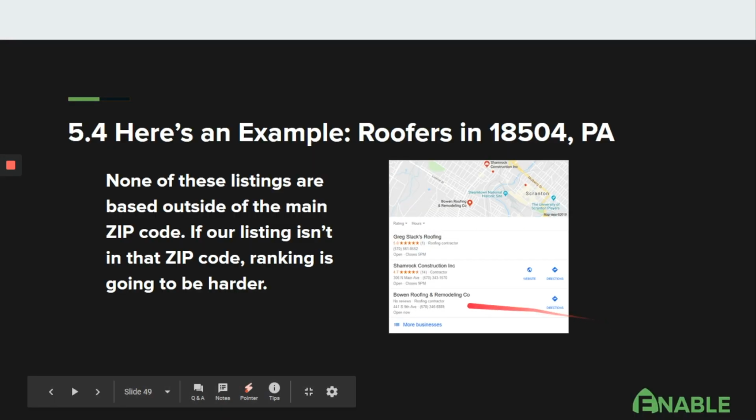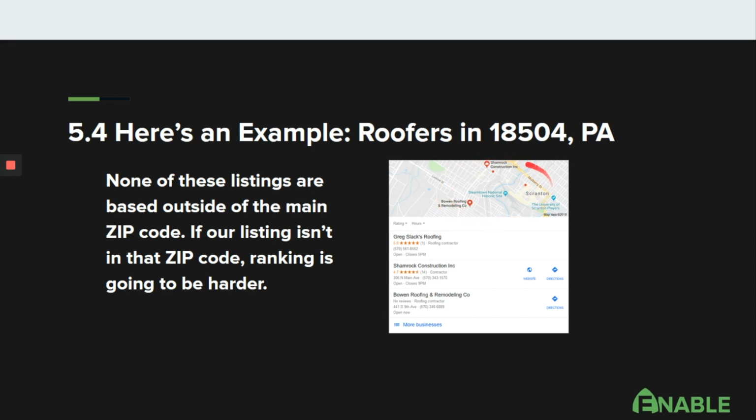So let's look at an example. Each of these listings are based inside the main zip code. None of them are outside. That means there are a lot of local companies, and Google's going to tend to emphasize them. And you can kind of see, just looking at the map here, Google does not have to give you a wide angle map to show the three items in the local pack.